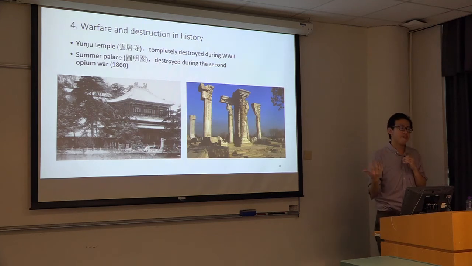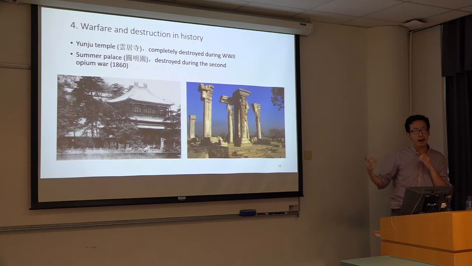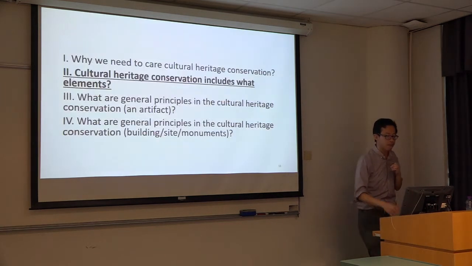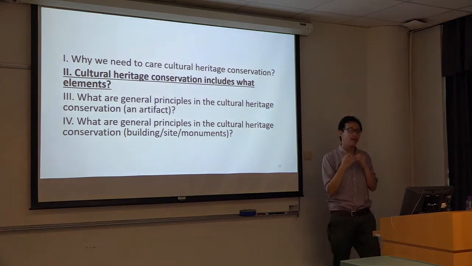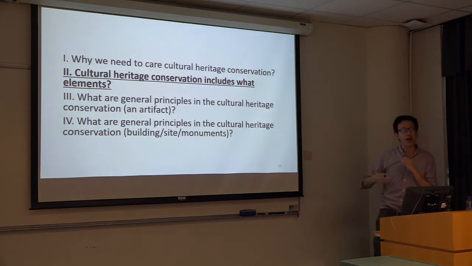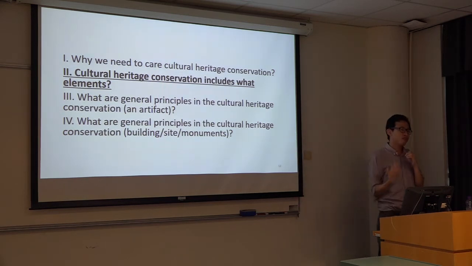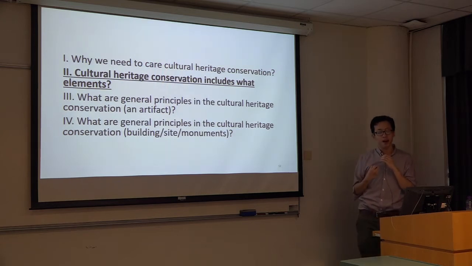And we have other examples showing the destruction of very beautiful palaces or gardens due to warfare. So cultural heritage is very fragile, and they have a lot of issues during history, during their social life. So what should we do in order to preserve these buildings or houses, if we think they are valuable, if we think they are good enough for us to invest the money?